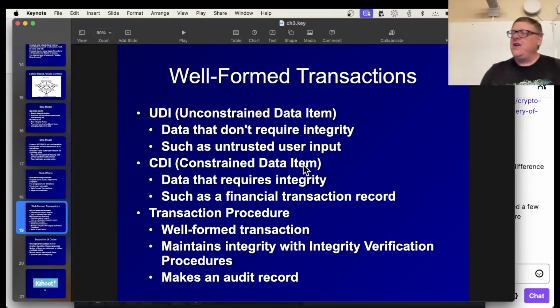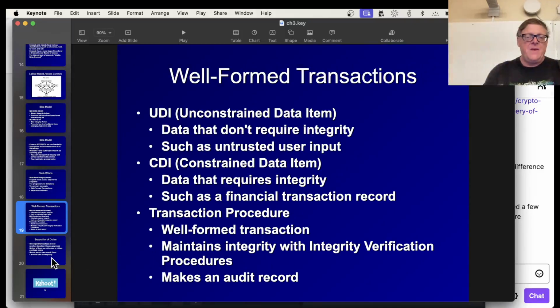You have data that comes from outside, like user input, which may or may not obey your security policy, and you have a transaction procedure that will take that untrusted, unconstrained data and apply constraints to it. Like, people send you letters, and you read the letters, and then you decide what classification level they have and put them in the structure. That's the transaction that takes this unconstrained data item and moves it into your constrained structure, where now it's controlled who can access it.